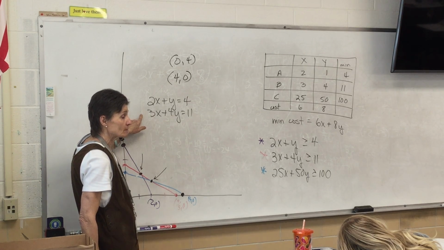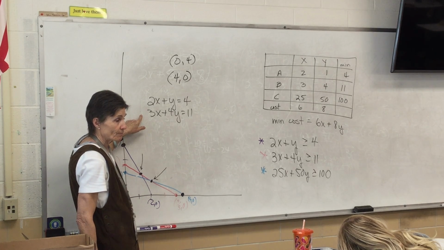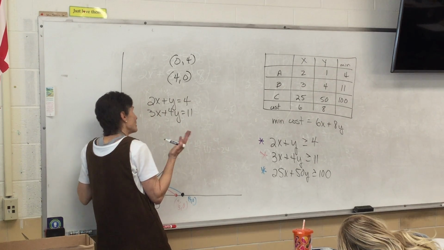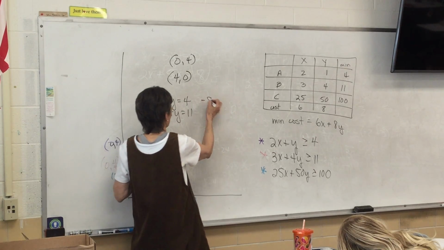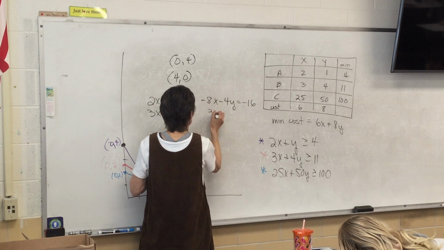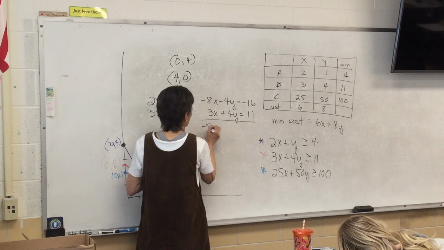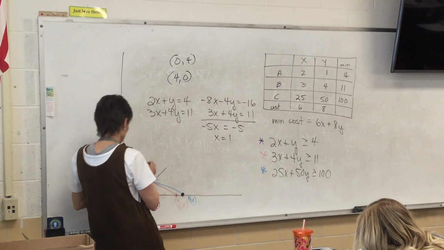Inverse method, Cramer's rule, substitution, elimination, whatever flips your switch. You know I'm always going to eliminate, so I'm going to multiply that top row by -4. -5x equals -5, so x is 1.